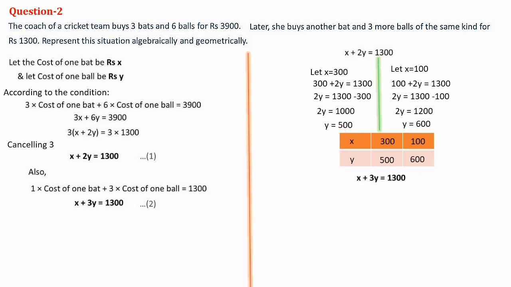Next, let's take the second equation, that is x plus 3y is equal to 1,300. Here also, let's take first x is equal to 100. There should be a rough idea in your mind. When we take some other values, it comes as decimal. So we need to avoid decimals also. So here, when we put x is equal to 100, this 100 comes to the right side.